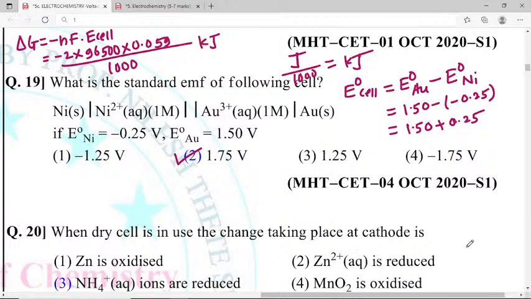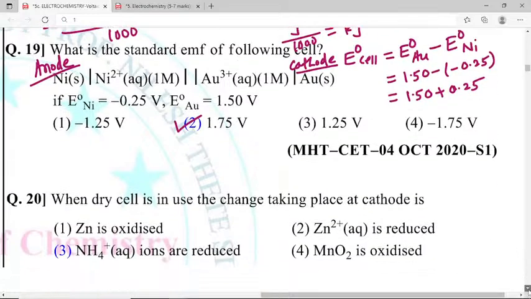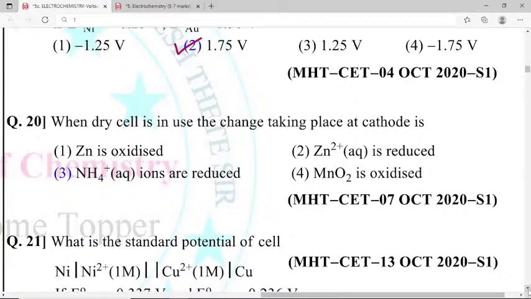When a dry cell is in use, the change taking place at the cathode is... Cathode minus anode, pay attention. While calculating E naught cell, it is cathode minus anode. So what is the cathode? The right side is the cathode and the left side is the anode. So cathode minus anode. When a dry cell is in use, the change taking place at the cathode is that ammonium ions are reduced.